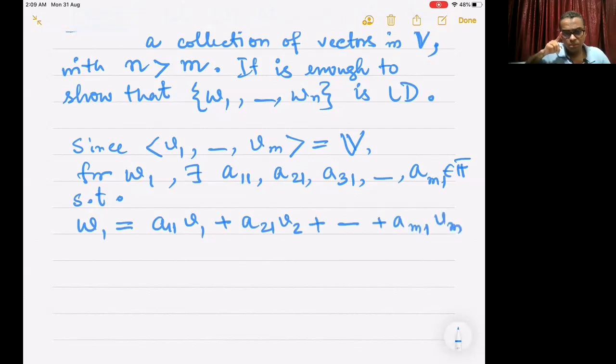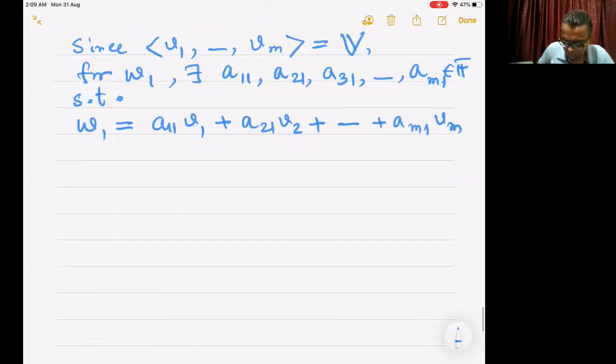A linear combination. w1 must be a linear combination because w1 is a vector in V, and every vector in V is a linear combination of v1 up to vm. This is one particular linear combination.